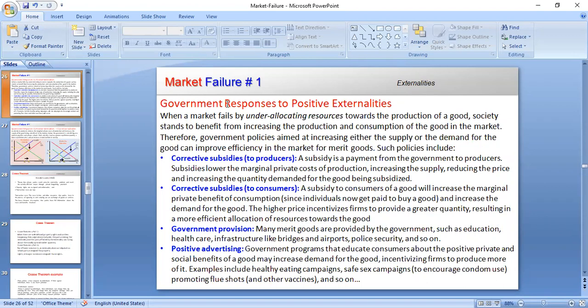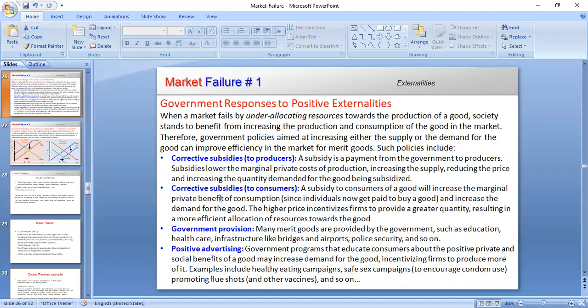So we have seen that with positive externality, the government uses corrective subsidies to producers, right? With a subsidy to producers, it can, for example, reduce the taxes on a number of commodities for producers.